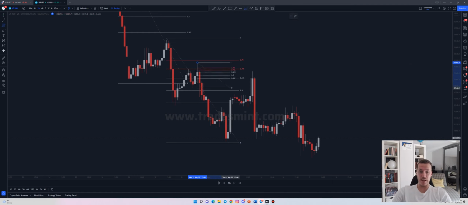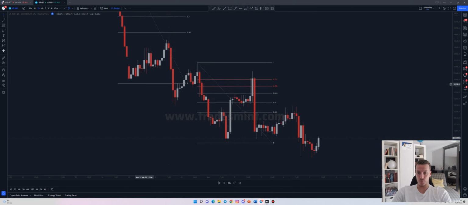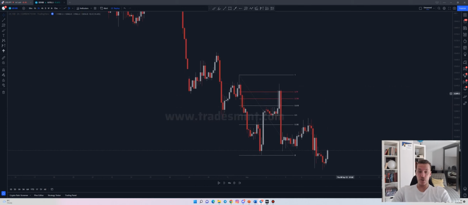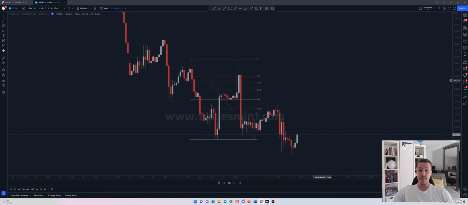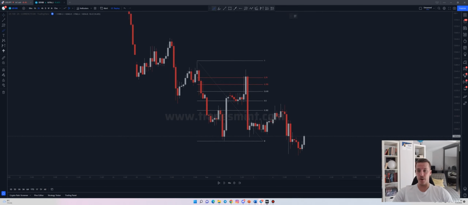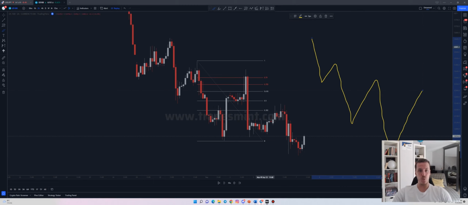And now this time, once we pull out to the next push, let me clean this up, we can see that the price retraced even higher. So now, by looking at the charts, once again, setting my overall bias and looking at the strength of the trend, I can identify that the price is moving down, but that each retracement is getting deeper and deeper. And what does it mean?